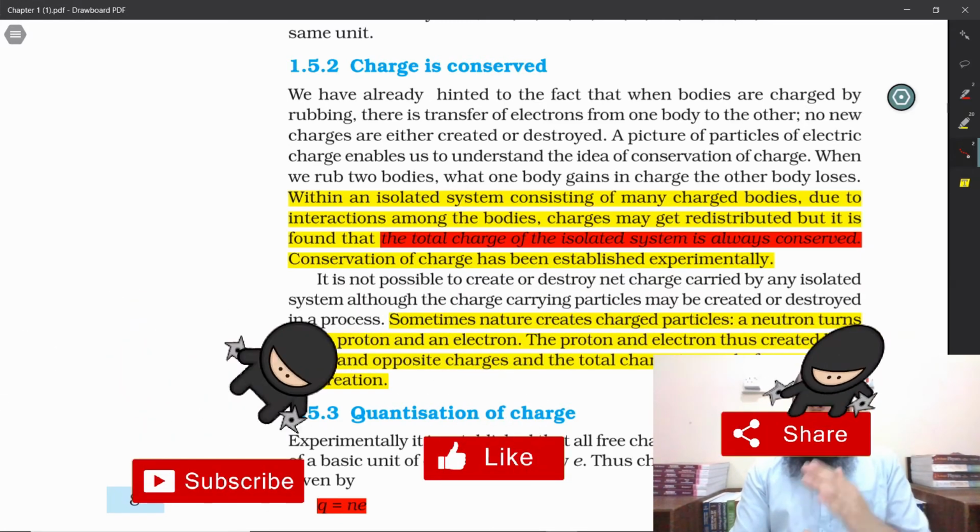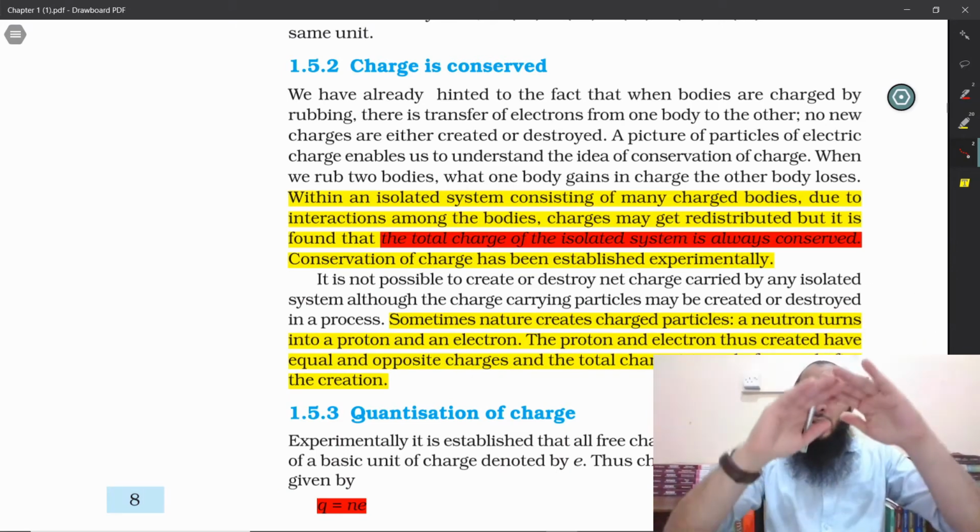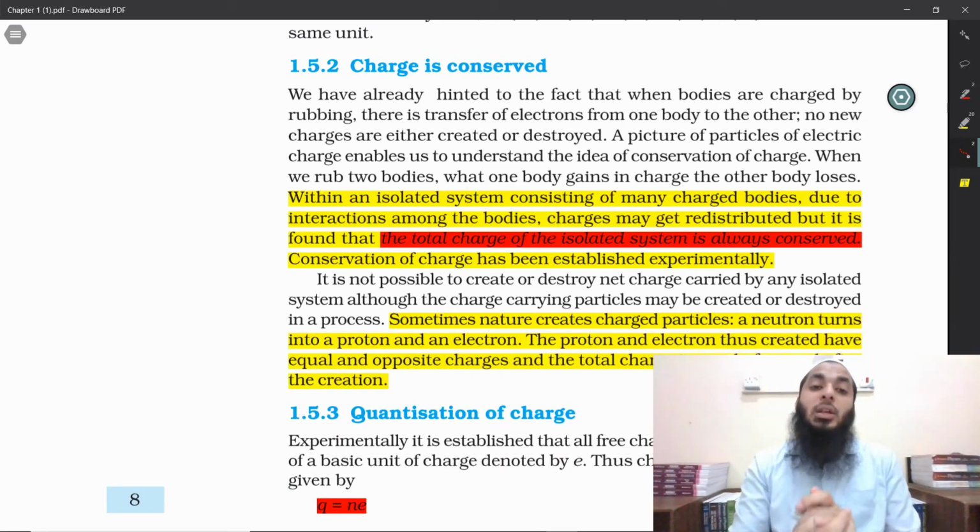So one body gets positively charged, the other one gets negatively charged, but the total charge still remains zero. So charge is neither created nor destroyed, but charged bodies can be created. Earlier, both the bodies were neutral, but now one is positively charged and the other one is negatively charged. But charges are not created nor destroyed.